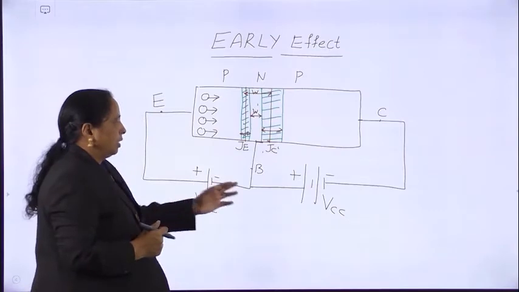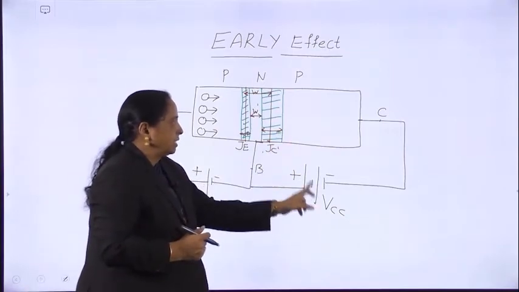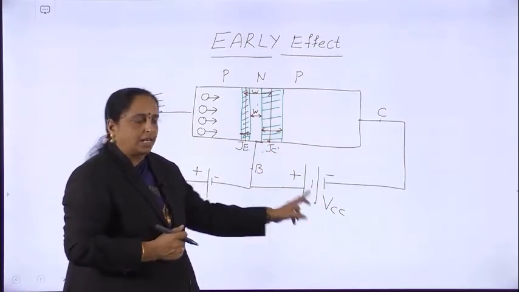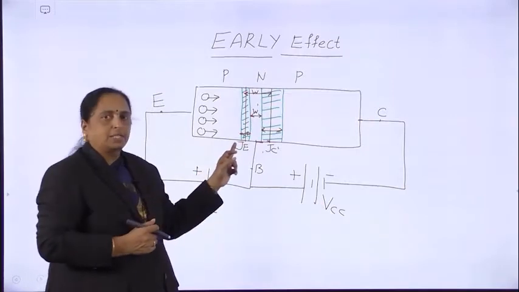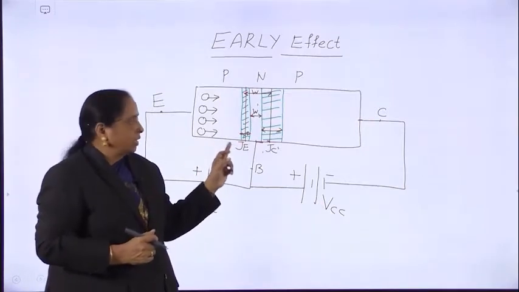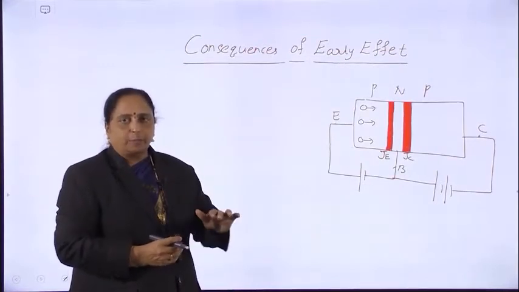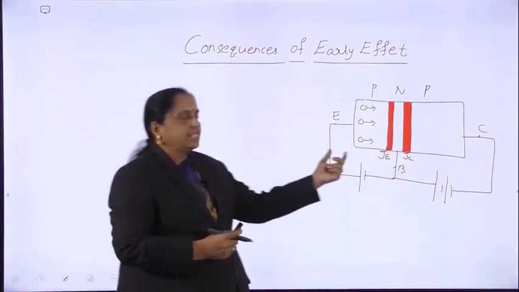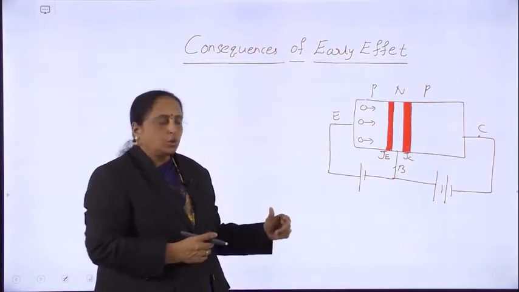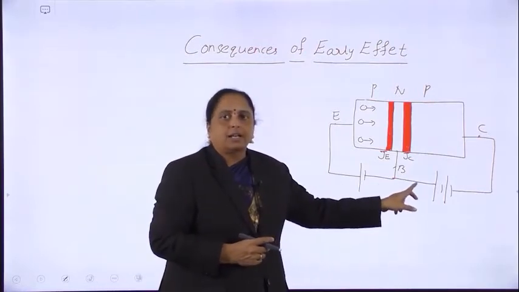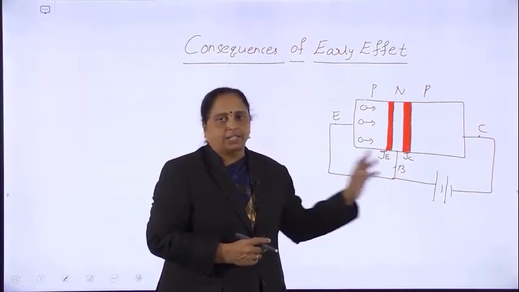Here the strong reverse bias exists near the collector junction, and a strong forward bias exists near the emitter junction. So the early effect is nothing but the change in the base width due to the external reverse biased collector junction.